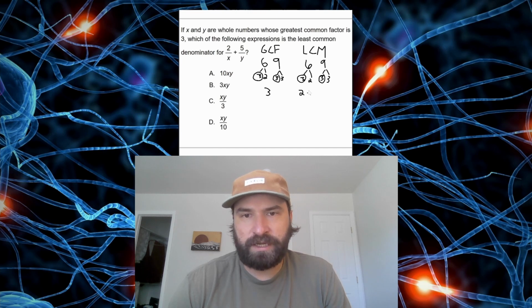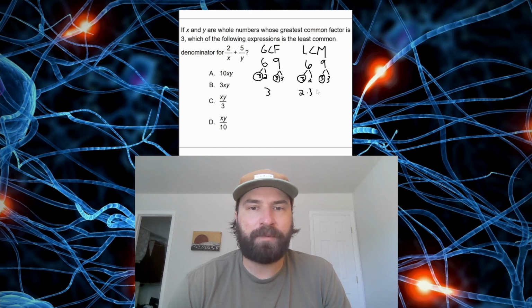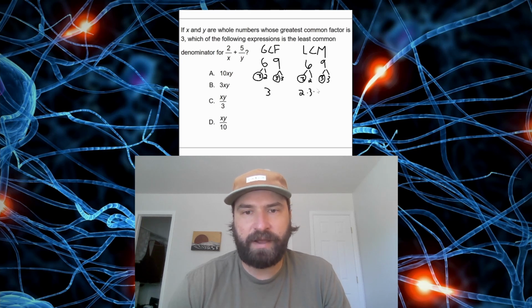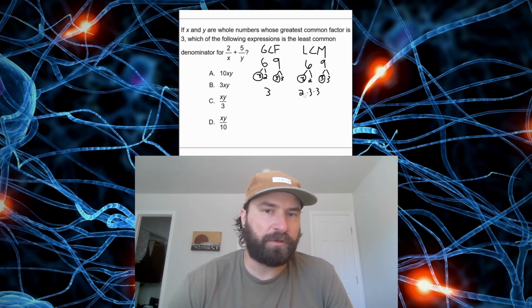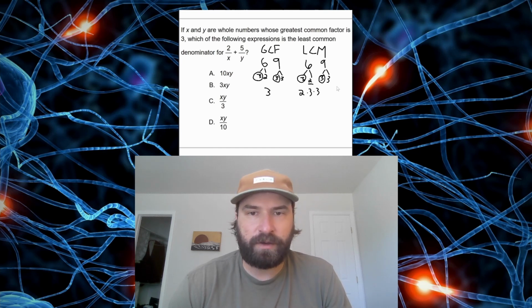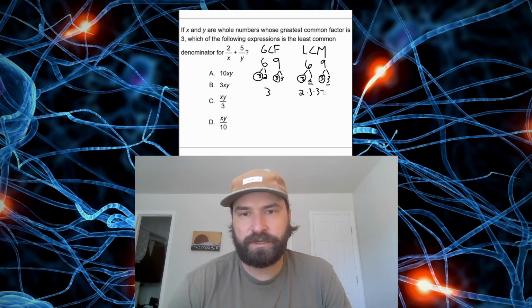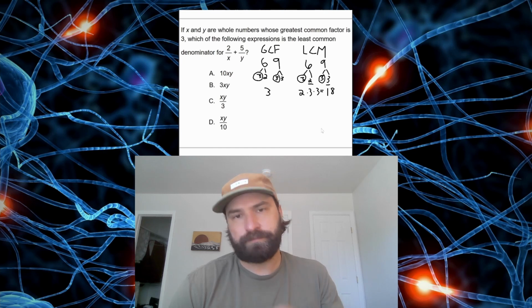And then we only multiply the factors that are in common once. So I'm going to multiply by 3 one more time because we have a common factor of 3. Whatever numbers you have circled, if we have them in common, we'll only include them once in our multiplication. So we got 2, 3, and then one more 3, which is the 3 that we have circled. So the lowest common multiple of 6 and 9 is 18.